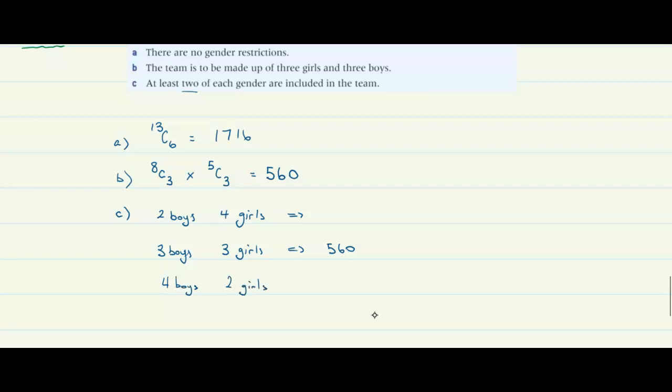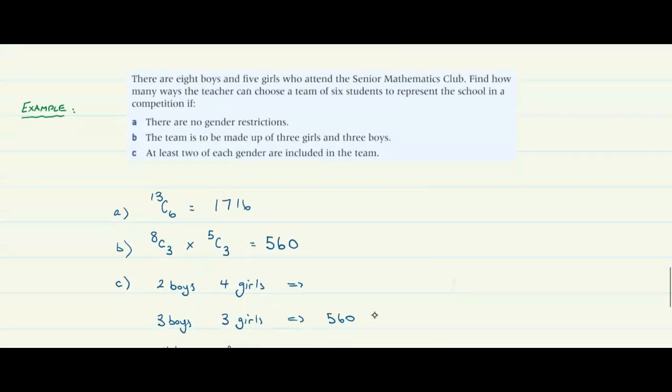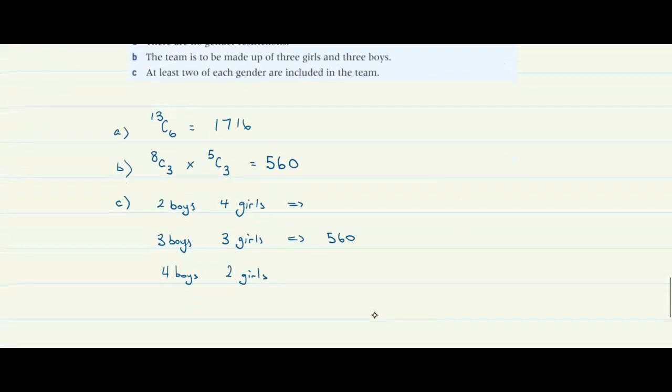Right, remember, I've got 6 in my team, haven't I? 6 in my team. And I've got to have at least 2 of each gender. So these are the 3 scenarios at work. 2 boys, 4 girls, 3 of each, 4 boys, 2 girls. I don't think there's any other combination. So we need to work out for each of these how many combinations there are.